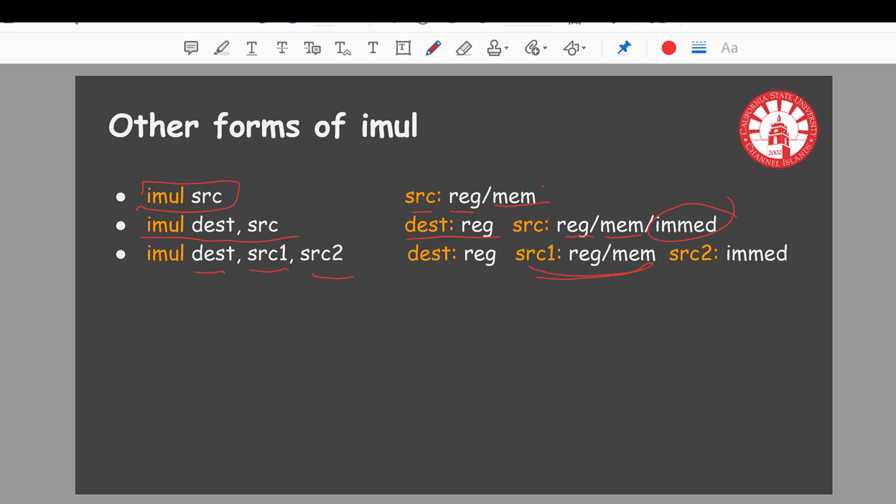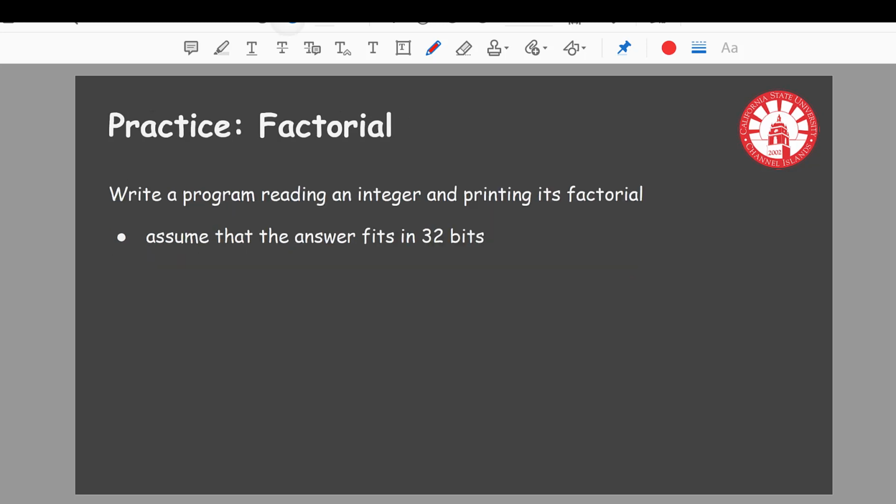Source 1 has to be a register or memory, whereas source 2 could be an immediate value or a number like 100,000 or a million. But you have to make sure that source 1 has to be a register or memory. This cannot be an immediate value. And also the destination has to be a register. You know that for the first one, imul source, the destination is the combination of A and D registers, as explained in the previous slides.